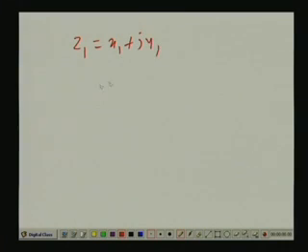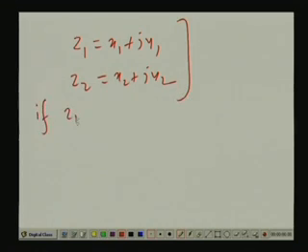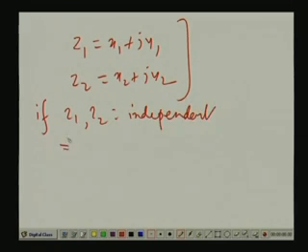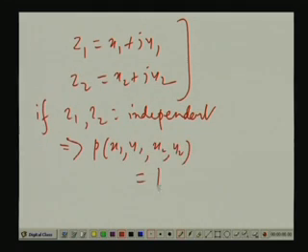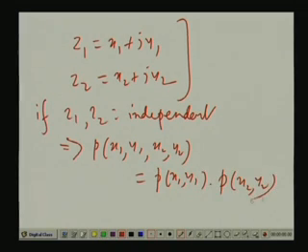For instance, if z_1 is x_1 plus j y_1, and z_2 is x_2 plus j y_2, and we say that z_1 and z_2 are statistically independent, that will mean that the probability density of z_1, z_2, which is nothing but some p(x_1, y_1, x_2, y_2), will be the same as p(x_1, y_1), which goes for z_1, times p(x_2, y_2).